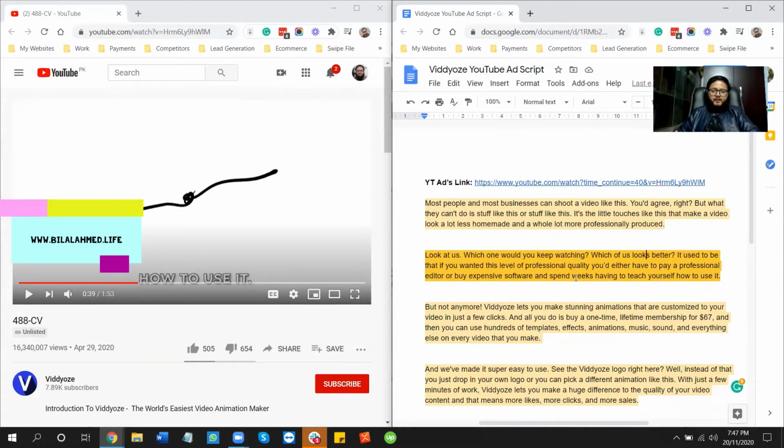The second competitor of this product is basically expensive software. So he would use the word expensive not only to emphasize or agitate the pain, poke at the pain, but he would also use this word to cancel or reject the competitor.